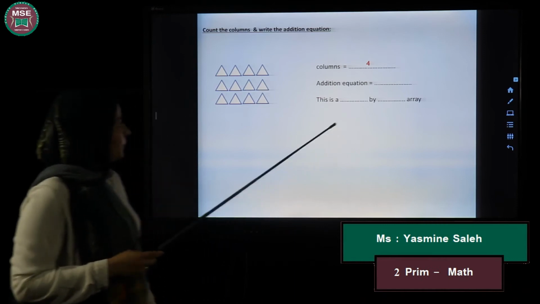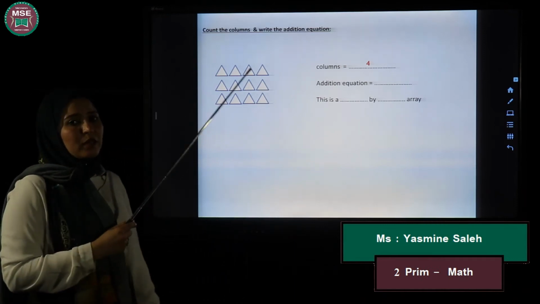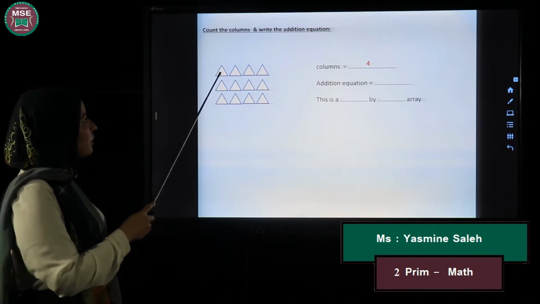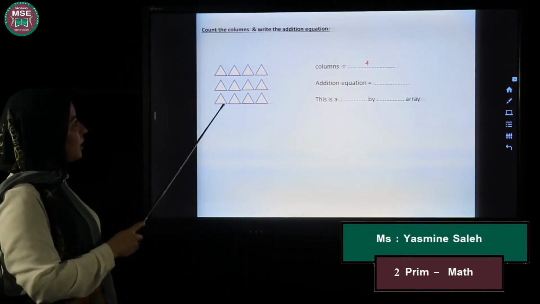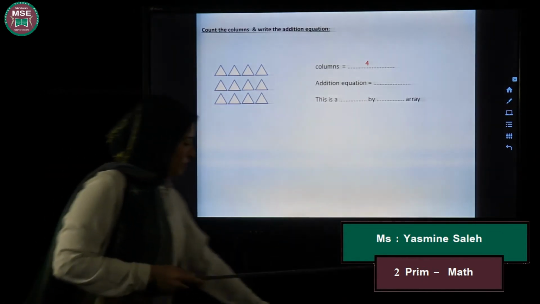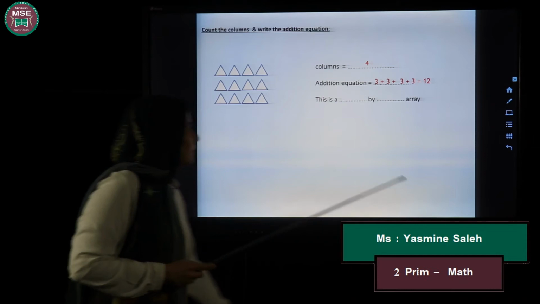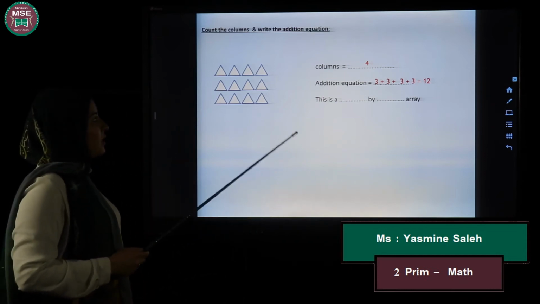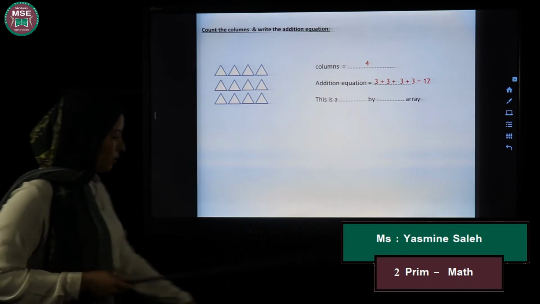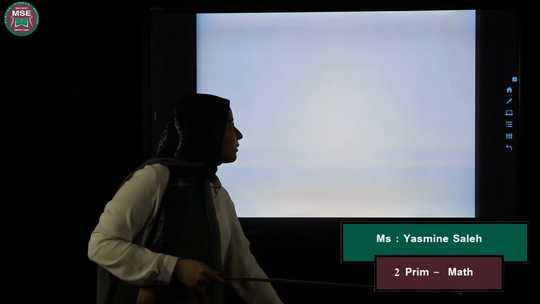My equation, I will count how many shapes in each column. Here I have in the first column 1, 2, 3. So I have 3 plus 3 plus 3 plus 3. Okay, so this array is 4 columns by 3 rows. So it is a 4 by 3 array.